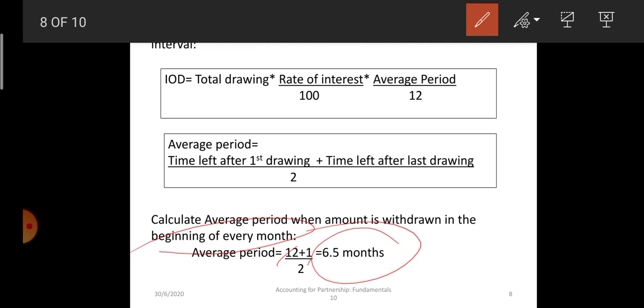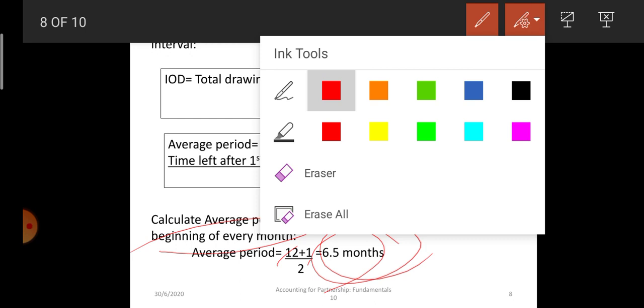The first drawing will be on 1st January. So from 1st January to 31st December, it's 12 months. The last drawing will be on 1st of December. December is the last month. Beginning of every month means 1st December. So 1st December to 31st December, it will be 1 month. So 12 plus 1 divided by 2, 13 divided by 2, you will get 6.5 months.